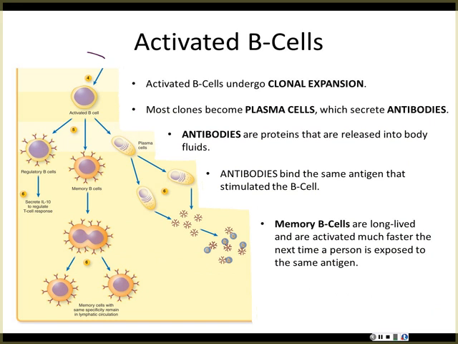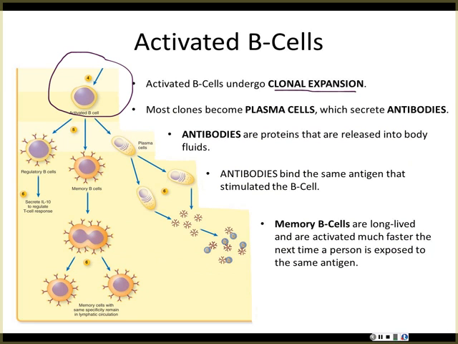All right, so here we've got a B cell that has been fully activated. When it does that, it's going to undergo clonal expansion. Again, that means it's going to divide over and over and over again. And I know our diagram here is not showing that one B cell has divided into probably thousands of copies, but it has.